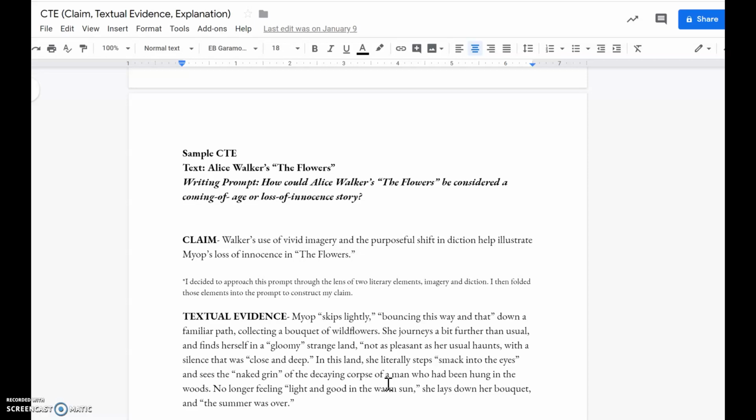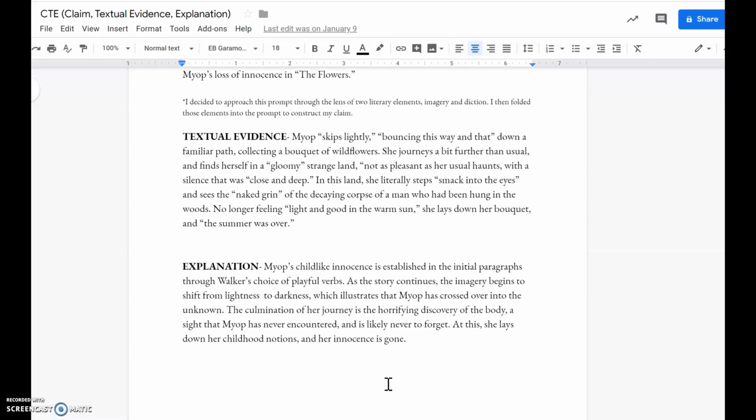I'm going to approach this prompt through the lens of imagery in Alice Walker's The Flowers and the word choice, the diction, okay? And then I'm going to fold that into the prompt to construct my claim, my thesis. So I'm going to say, Walker's use of vivid imagery and the purposeful shift in diction help illustrate Myop's loss of innocence in The Flowers. Okay, that's my claim. That's what I intend to prove. I intend to prove that it's a loss of innocence story, and here's how I'm going to do it.